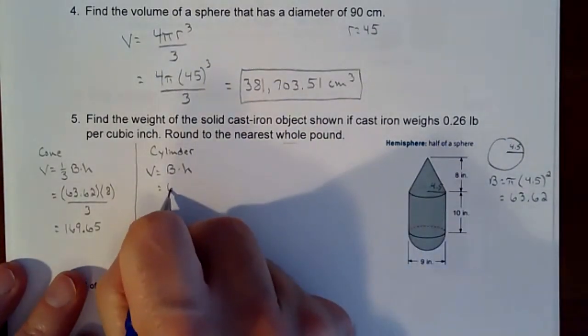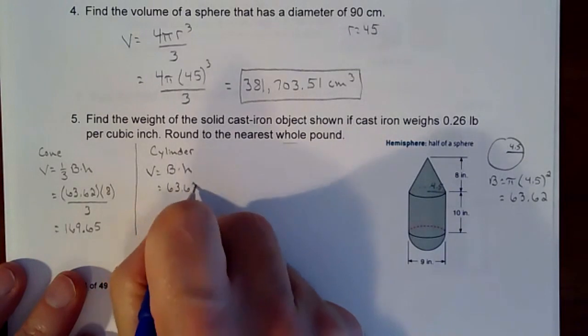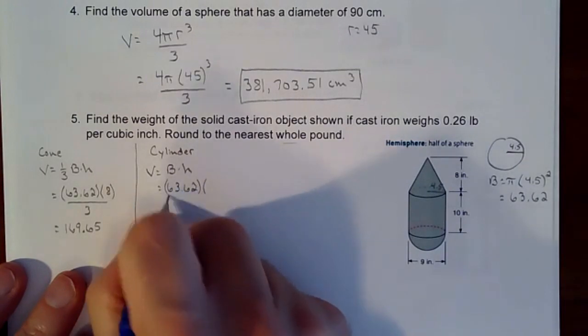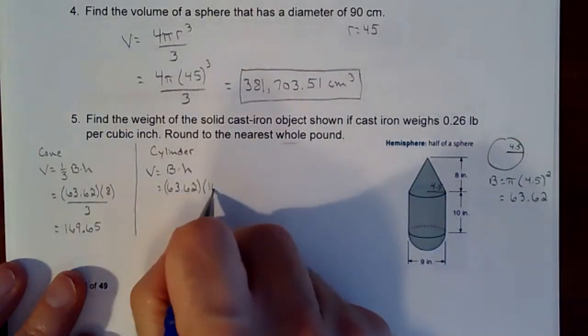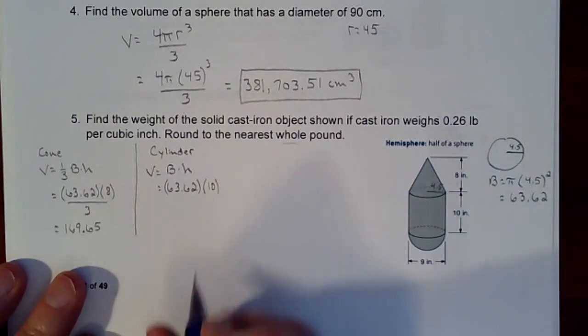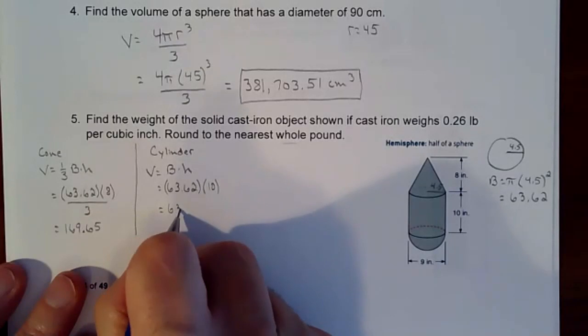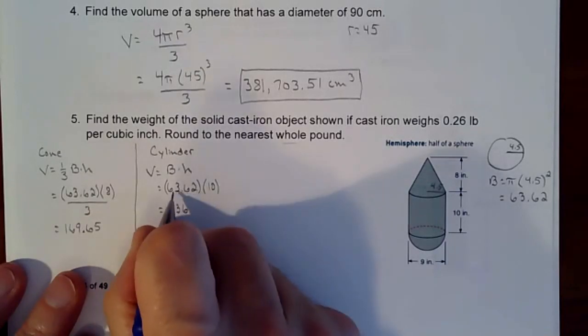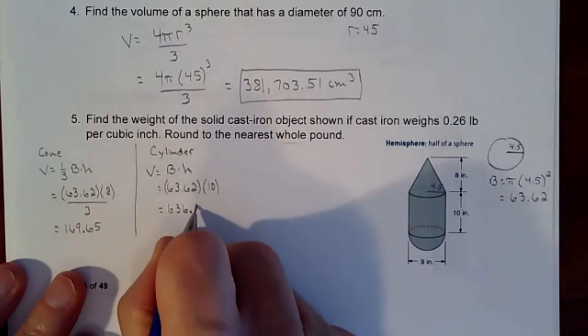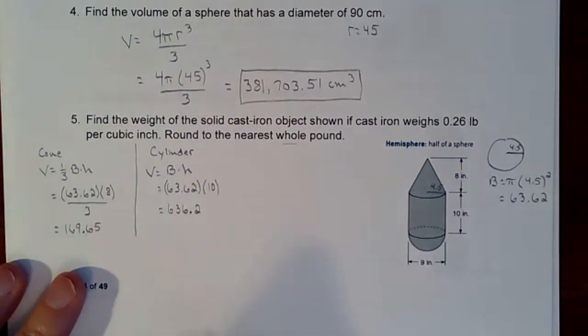So that is 63.62 times a height of 10. Multiplying by 10 is just going to bump the decimal over. So that's 636.2. So there's the volume of your cylinder.